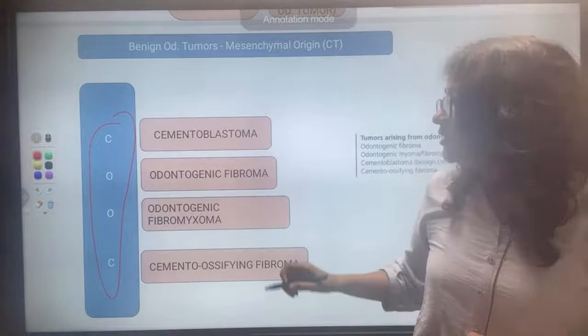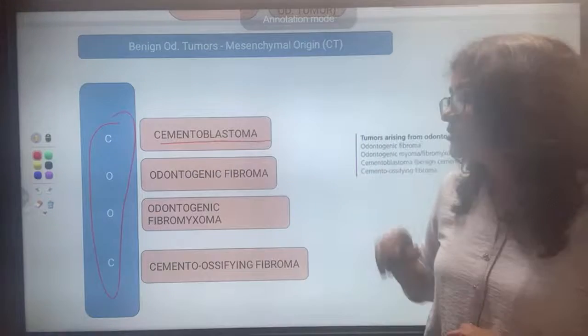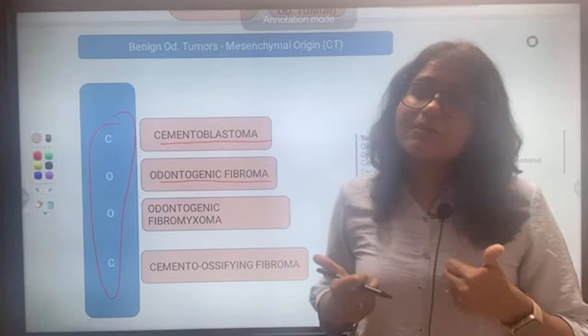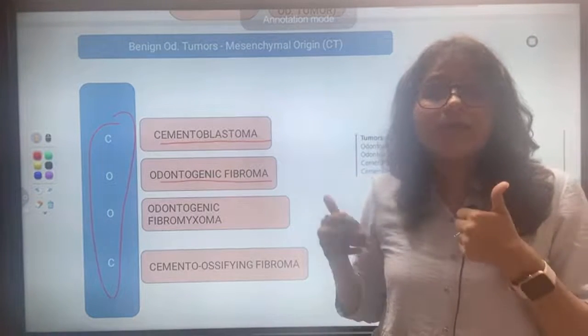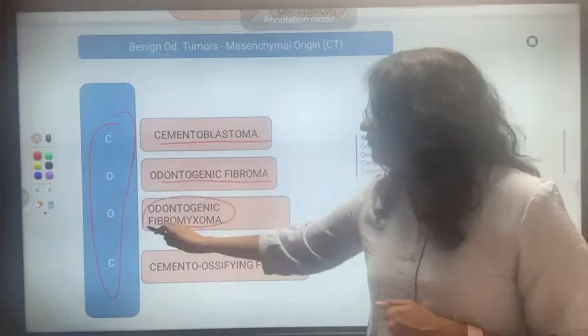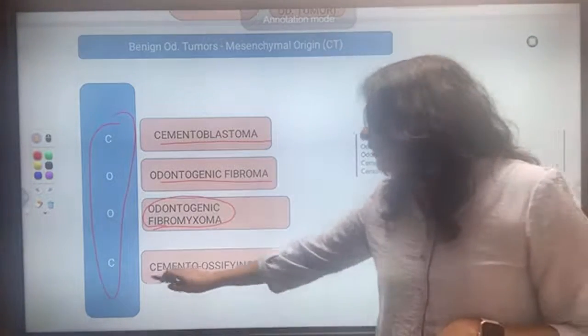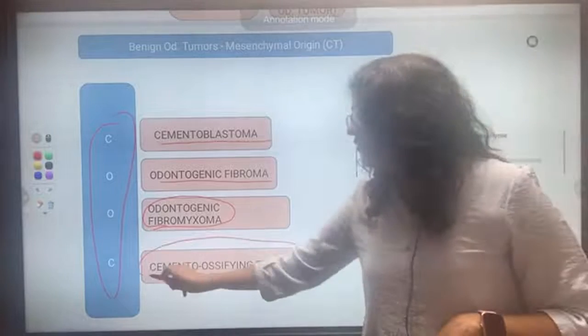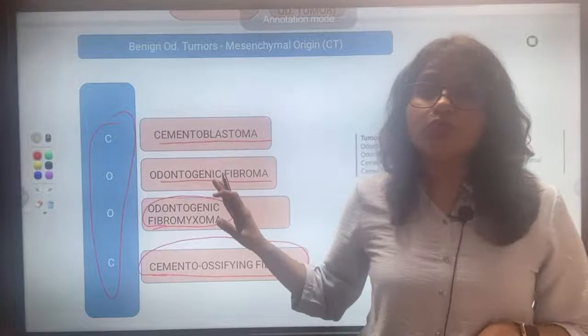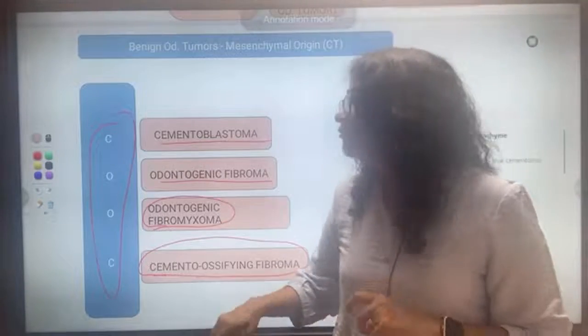So from C, cementoblastoma, then odontogenic fibroma, this much you will have to remember, just remember the mnemonic and how we will put it. Odontogenic fibroma, odontogenic fibromyxoma, and last is cemento-ossifying fibroma, right? They are coming from the mesenchyme, connective tissue, right? So this is the second thing that you have to remember.